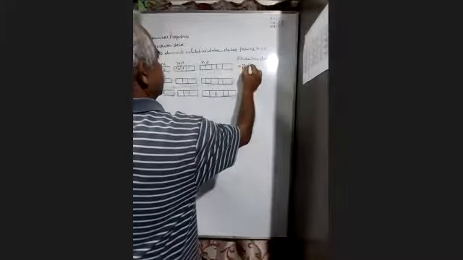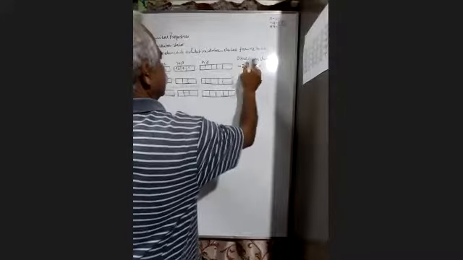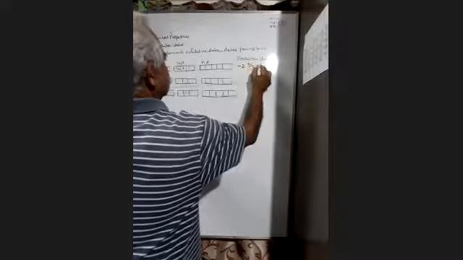Okay. So it is ns2 np4. So this is -2 or +2. When does the -2 come? When these elements combine with a less electronegative element, then it will be -2. Like water, H2O.